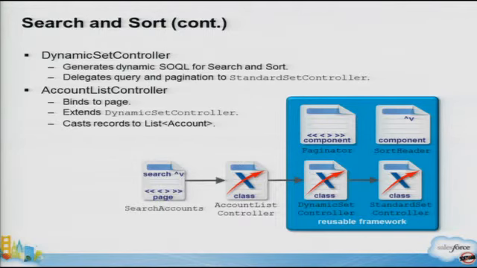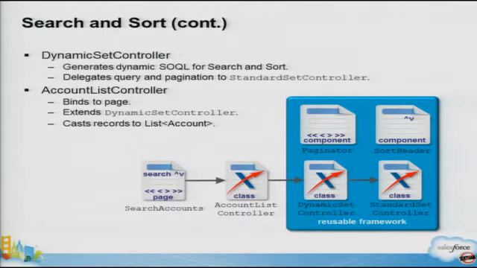Then account list controller is my implementation of that class for accounts. I can have lead list controller, whatever list controller. And so I'm going to extend the dynamic set controller. We'll look at that code in a sec. Also, the dynamic set controller is simply a delegator for the standard set controller, which is part of our library.